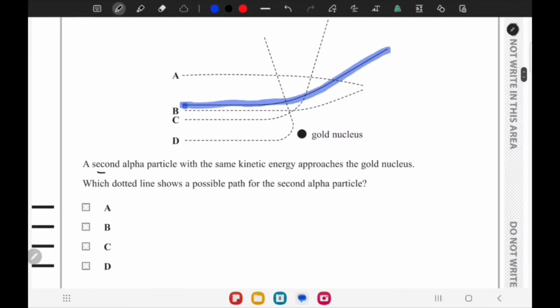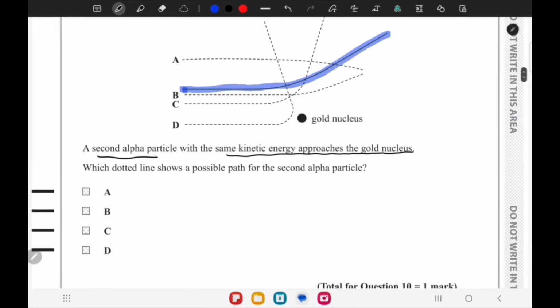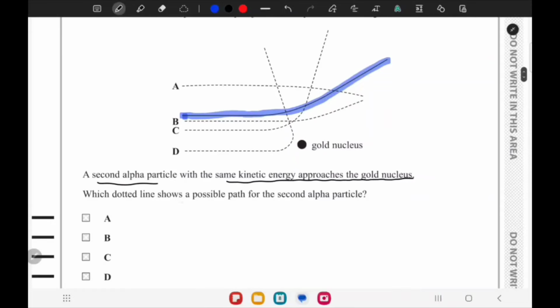We are also given that a second alpha particle with the same kinetic energy approaches the gold nucleus. We have to find out which dotted line shows a possible path. Now we see that the alpha particle is repelled by the gold nucleus, so it moves away. However, in path A, it's moving towards the gold nucleus, so this is out.